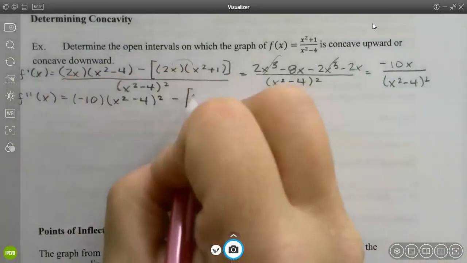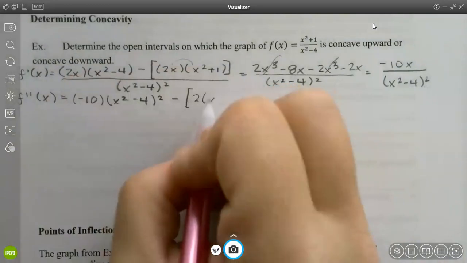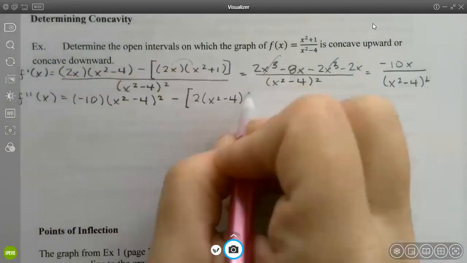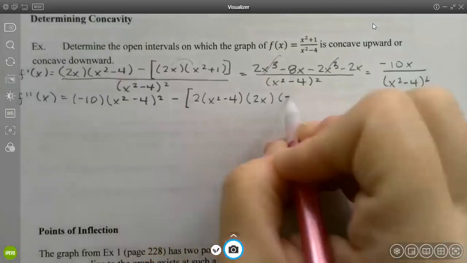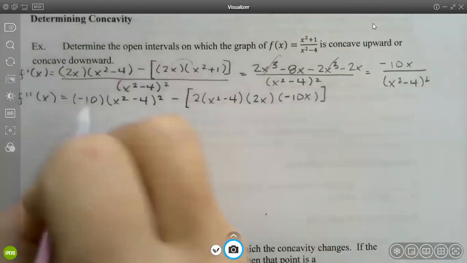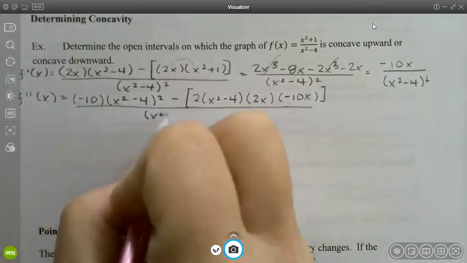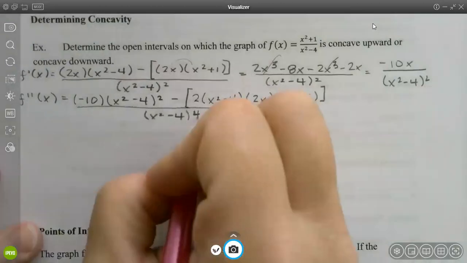What is it? 2 times x squared minus 4 to the 1, so we don't have to write that, times 2x, and then don't forget the top, negative 10x. All over x squared minus 4 squared. Oh, sorry, to the 4th. Thank you.